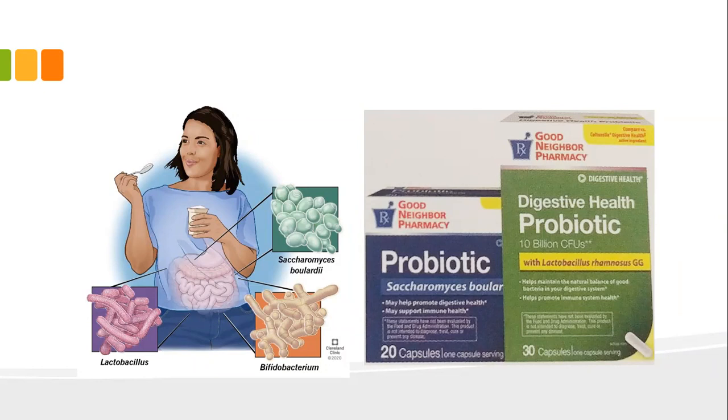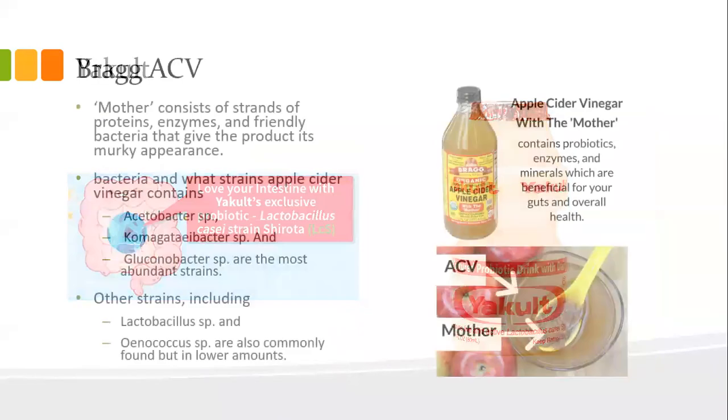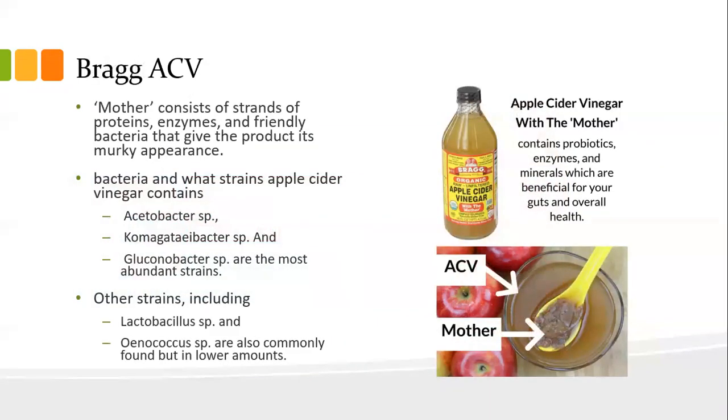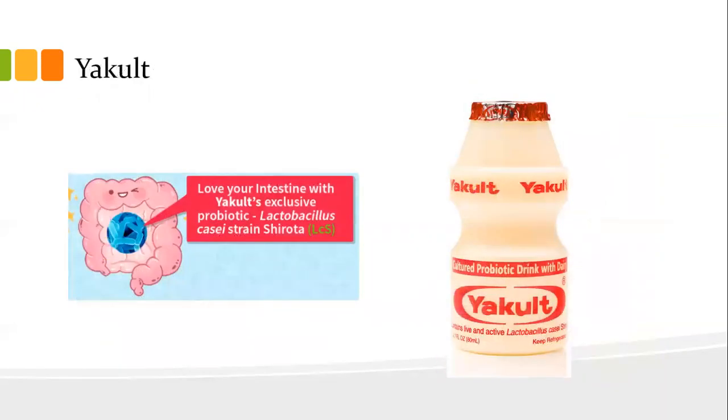So that's why my quest into making my own probiotics started, as the limitation of ACV was that I was not getting good quality, and most of those whom I suggested gave up because they didn't find Bragg and found all other brands which don't work. And Yakult, my son is fine with it, but I'm not sure whether it's really having active probiotics.